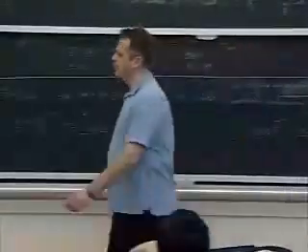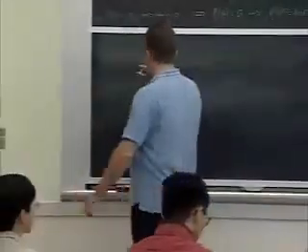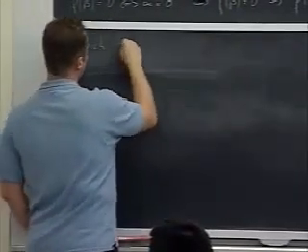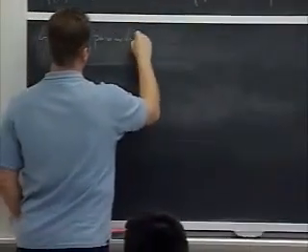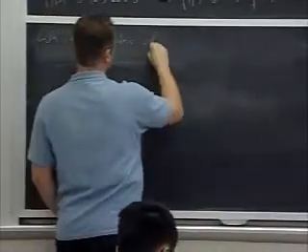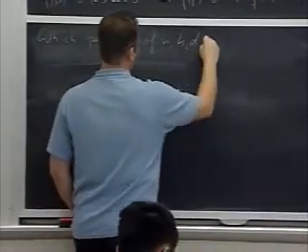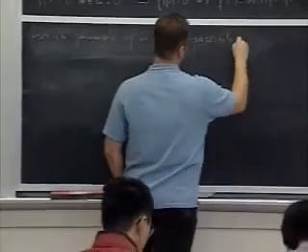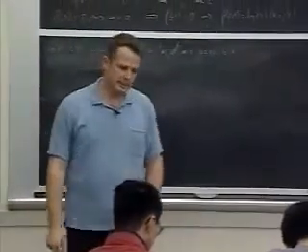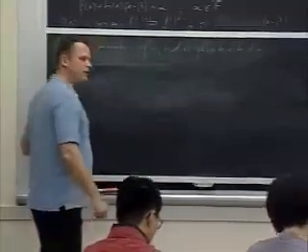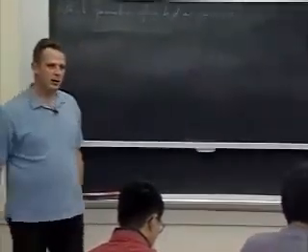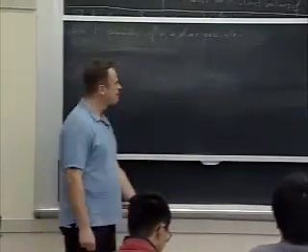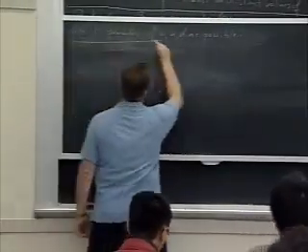So, which parameters are possible? Let's assume we have an n, k, d code, and now we want to find a relation, a bound between n, k, and d. How do we do this?